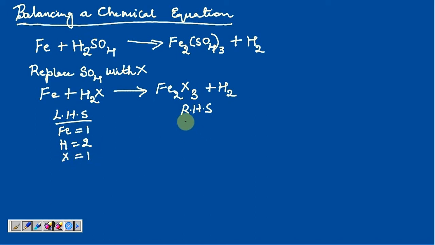Now on the right hand side, we have iron equal to 2, hydrogen equal to 2, and X equal to 3.